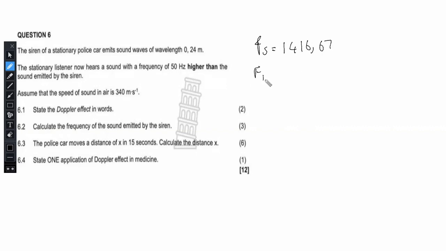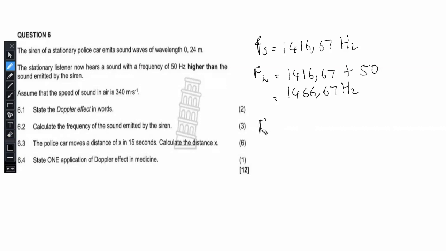So if the frequency being heard by the listener is 50 hertz higher, that means it's just 1416.67 plus 50, and we are supposed to get 1466.67 hertz. So we take the frequency of the source and add the 50 hertz there.